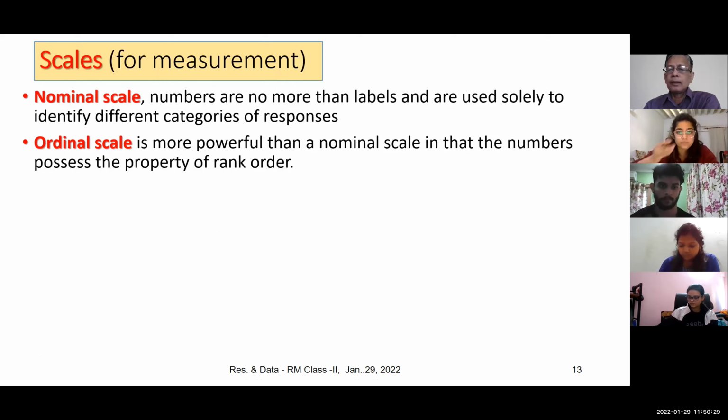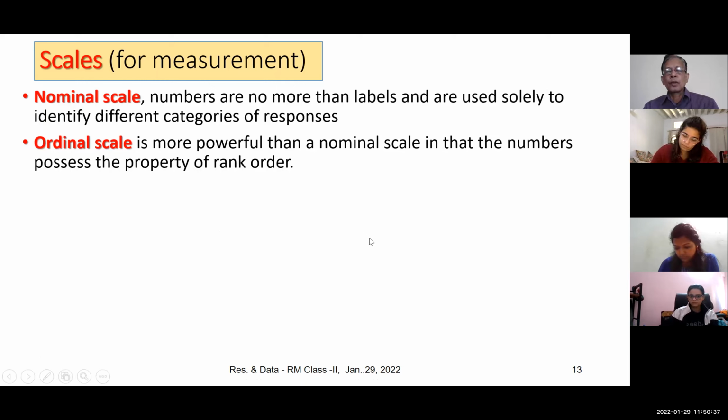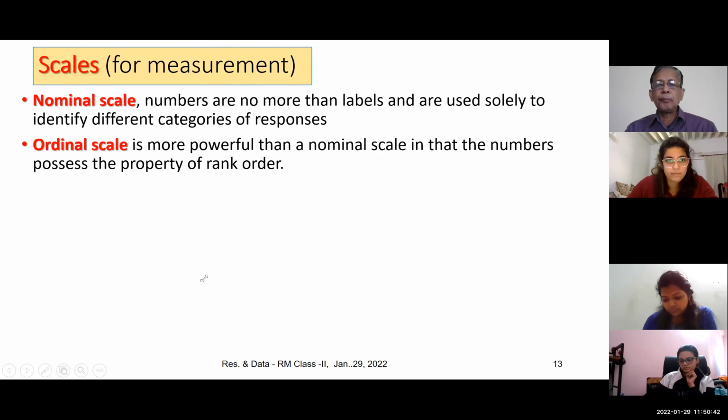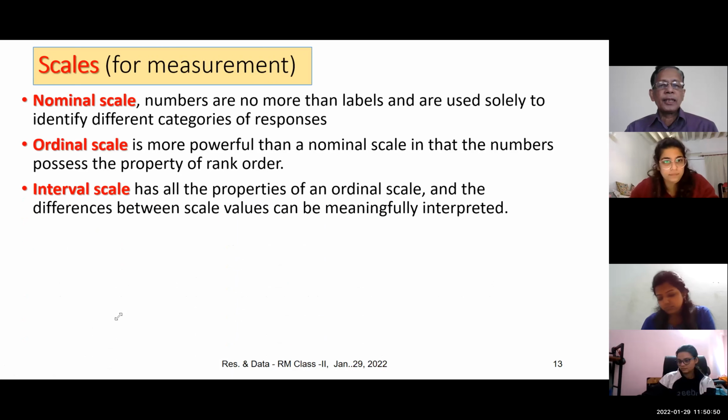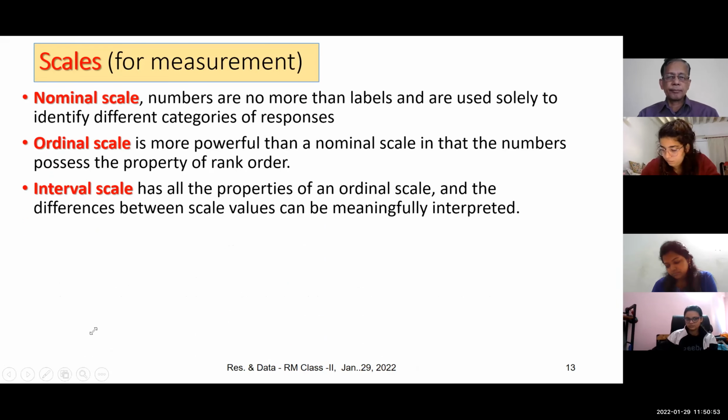Moving up the robustness of a scale, the next one is the ordinal scale, which we use if we want to put preference, priority, importance in order. For example, we have 12 hospitals, and we ask persons who have used medical services to rank them by perception: 1, 2, 3, 4.